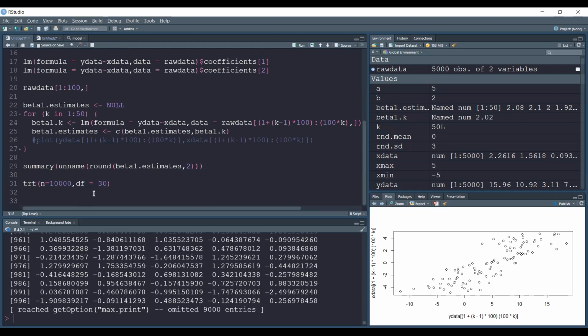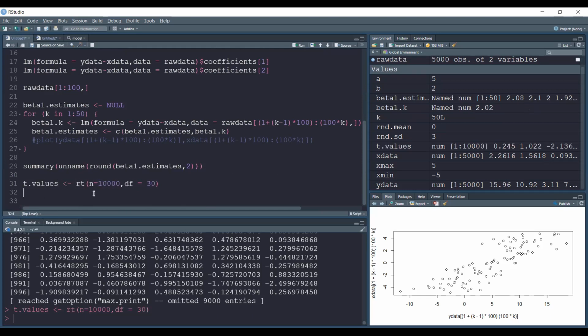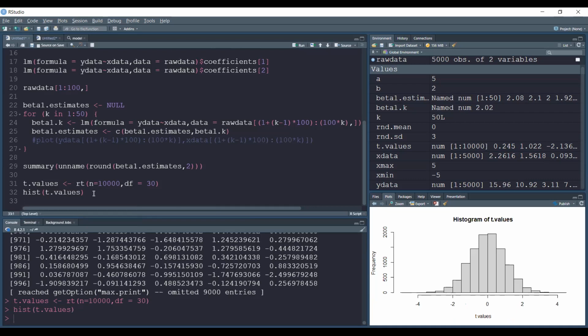But if I just call these T values, that gives you an idea of what the T distribution looks like. It might remind you of the normal distribution.